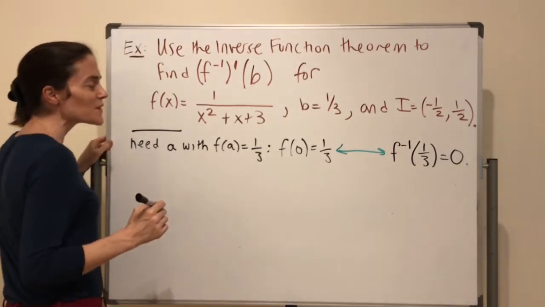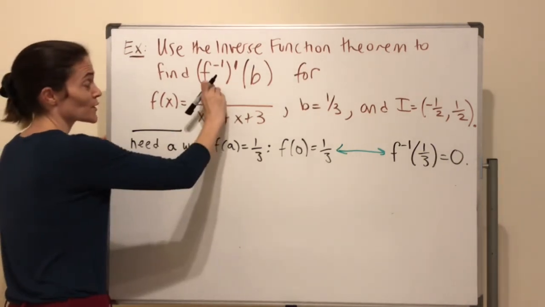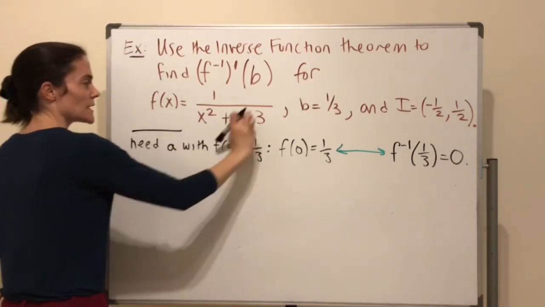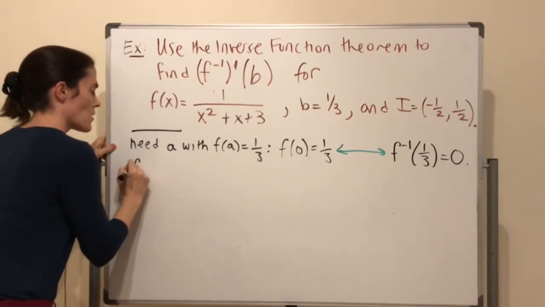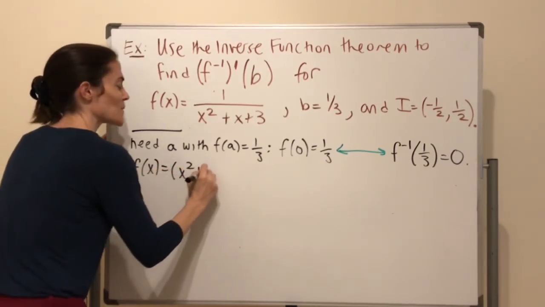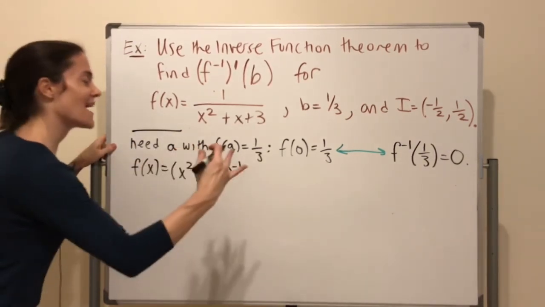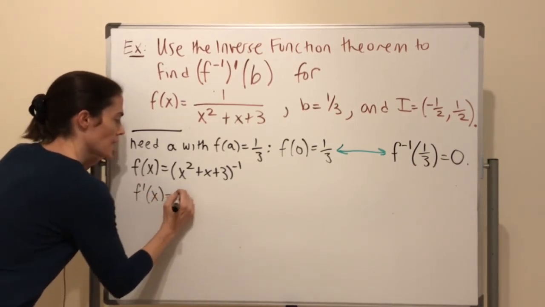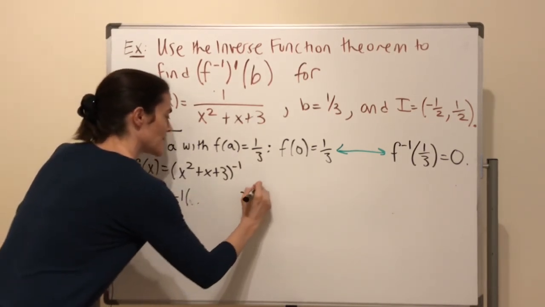Well, you see we have a few choices here. We can use the quotient rule, numerator, denominator. We can use the chain rule, because really we have all of this to the -1. Maybe I'll do the chain rule. My original function is x squared plus x plus 3, to the -1. Now you see the inside and outside function. So f prime of x is minus 1, big parentheses, to the minus 2.